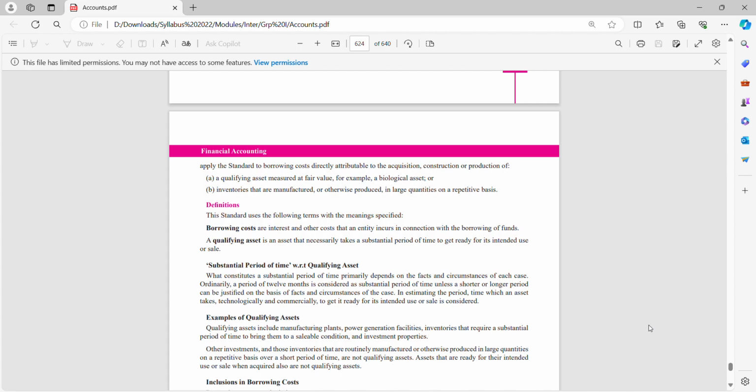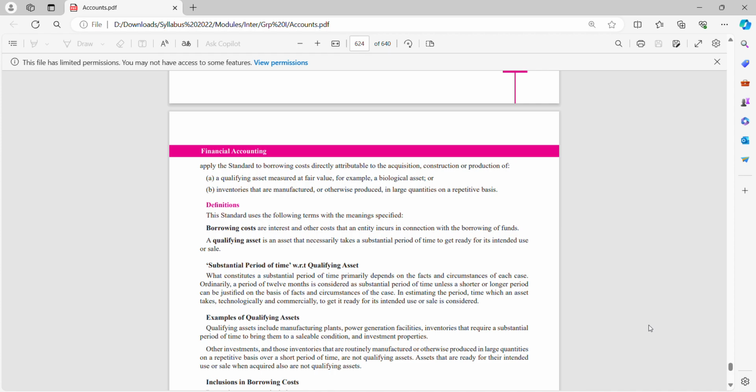A qualifying asset is an asset that necessarily takes a substantial period of time to get ready for its intended use or sale. Borrowing costs are interest or other costs that an entity incurs in connection with borrowing of funds.